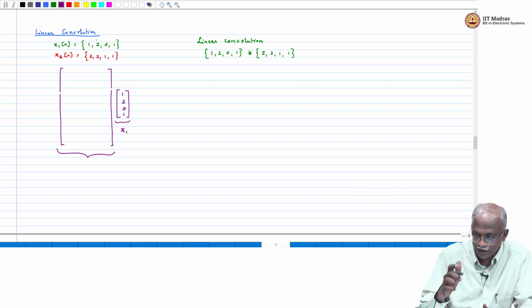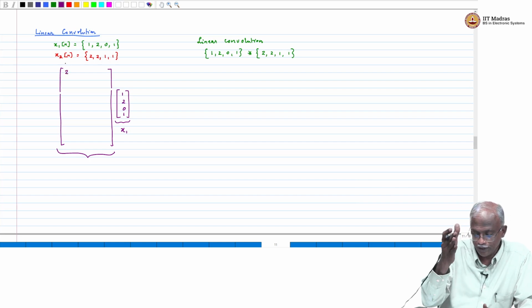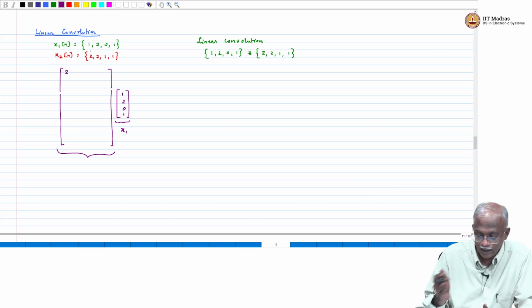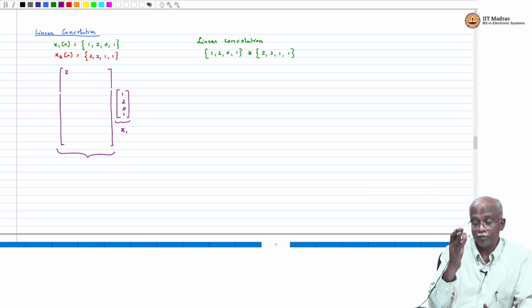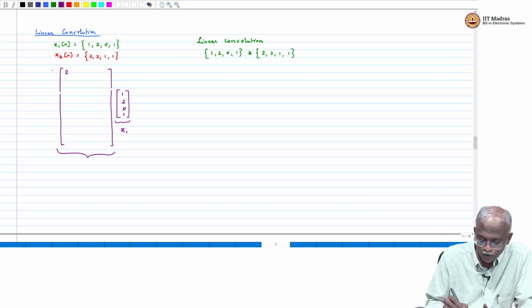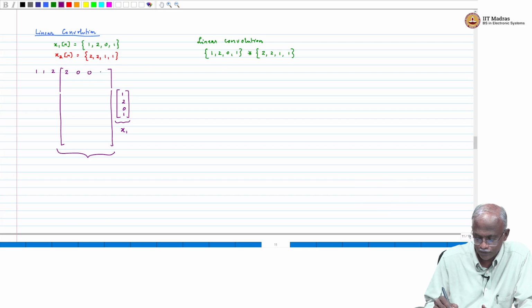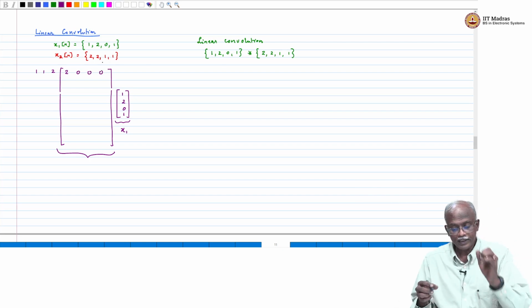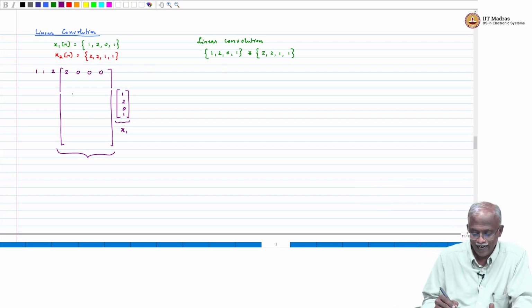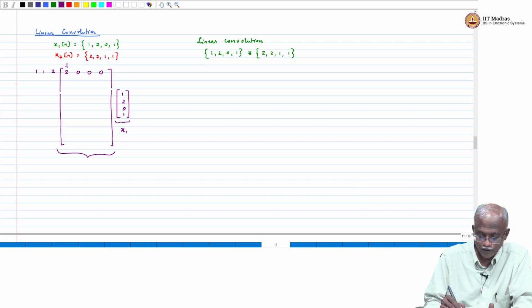So time reversal means that the 0th position will be there, and the other samples will come to the left: 2, 2, 1, 1. Let's assume that in the other positions there are all zeros. So we have time reversed the sequence, and this corresponds to index 0.